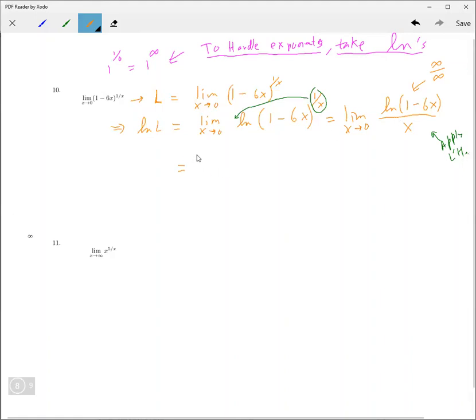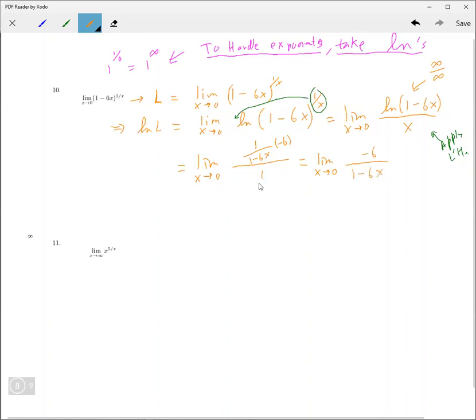So that means we're going to take the derivative of the numerator, which is 1 over 1 minus 6x times the derivative of the inside by the chain rule, times the negative 6. And then over here it's 1. Up here I have a negative 6, and down here I have a 1 minus 6x, because this is just a 1.